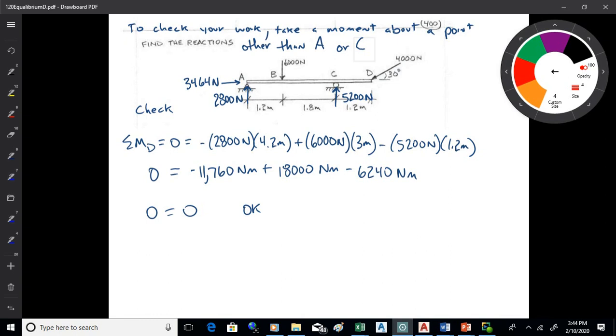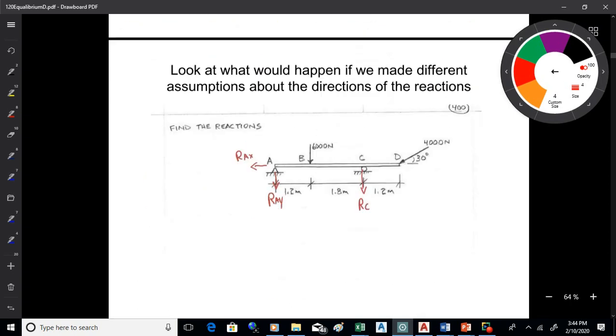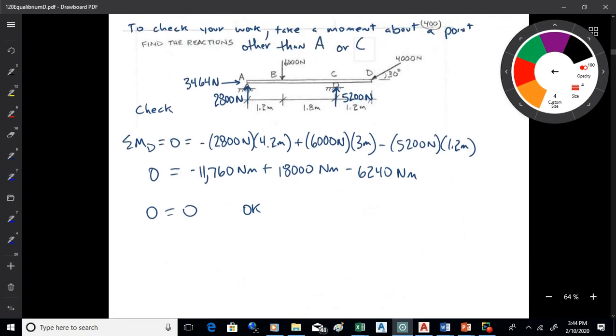I got it to 0, so that's good. Any questions on that? Okay.